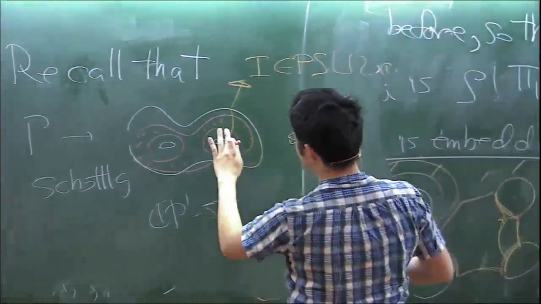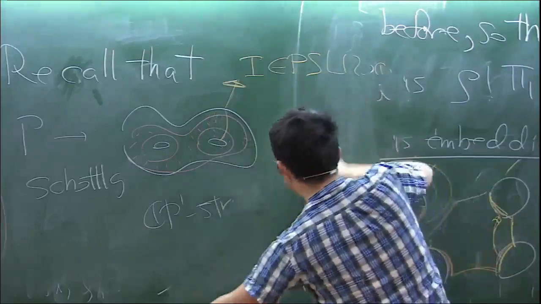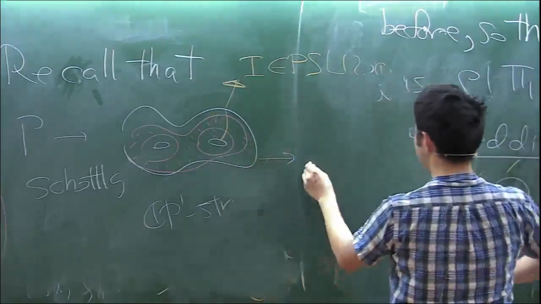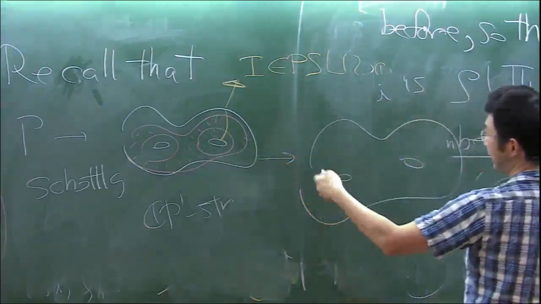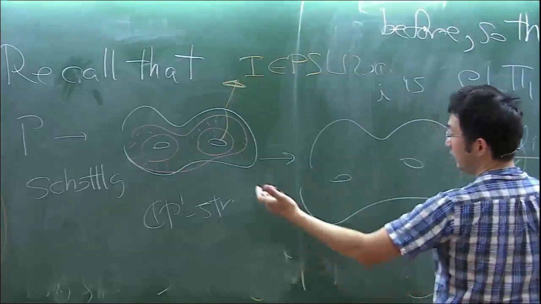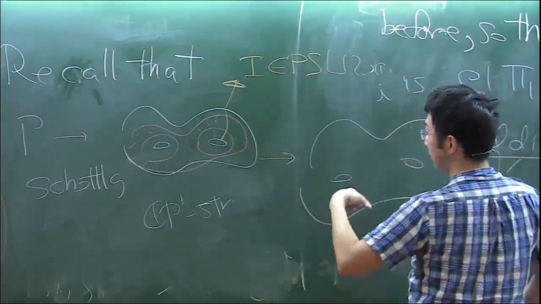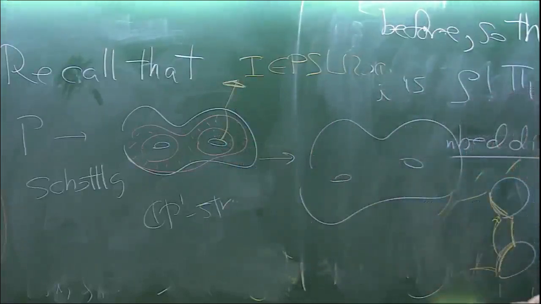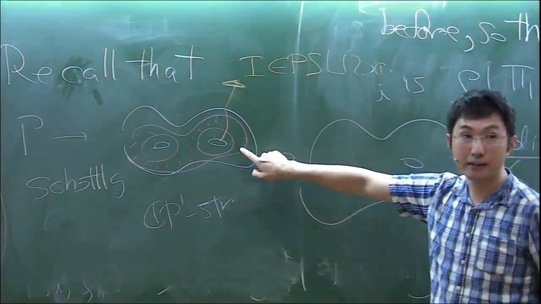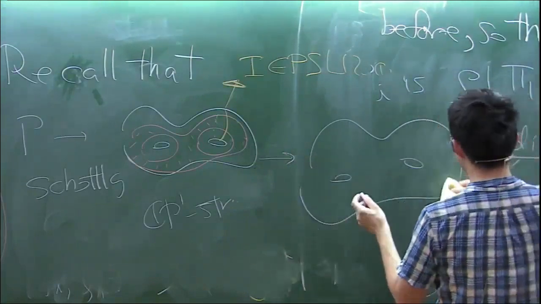We can twist, we can modify the boundary, this loop. Those two loops intersect this orange loop. By twisting along the orange loop without changing the holonomy of the Schottky group, the holonomy of these pairs of pants, holonomy-wise you are adding an identity element, so it doesn't change anything.